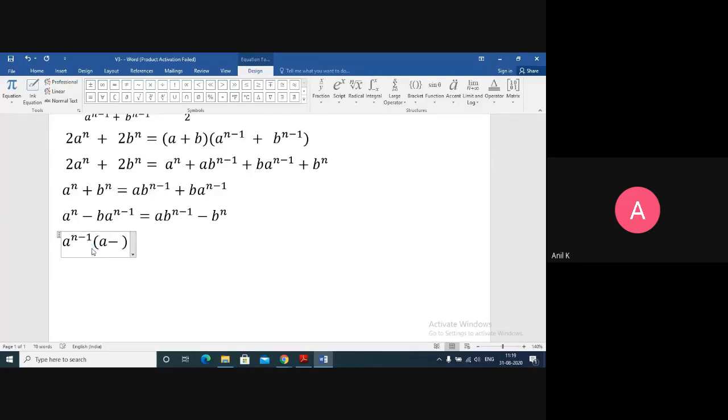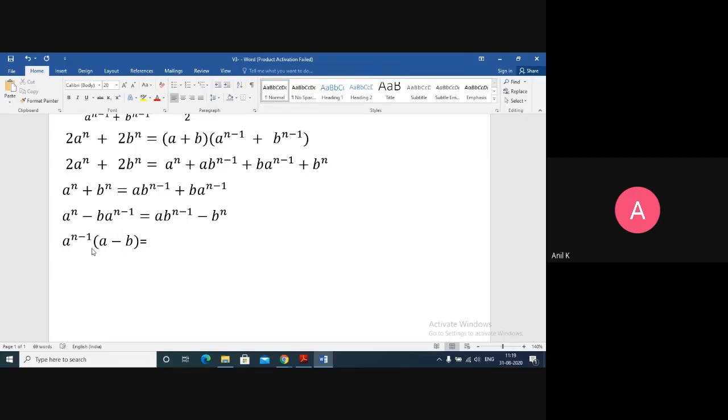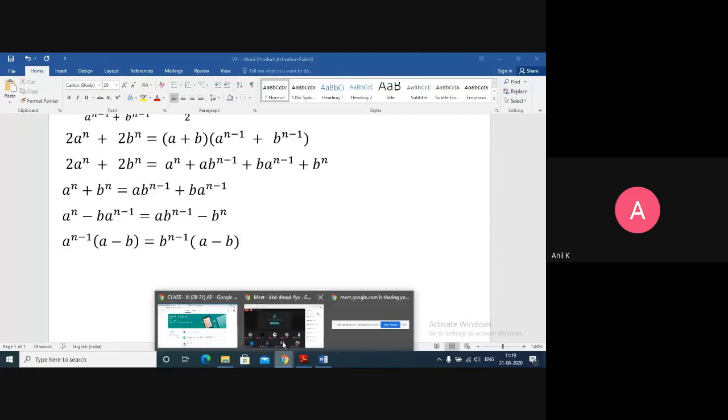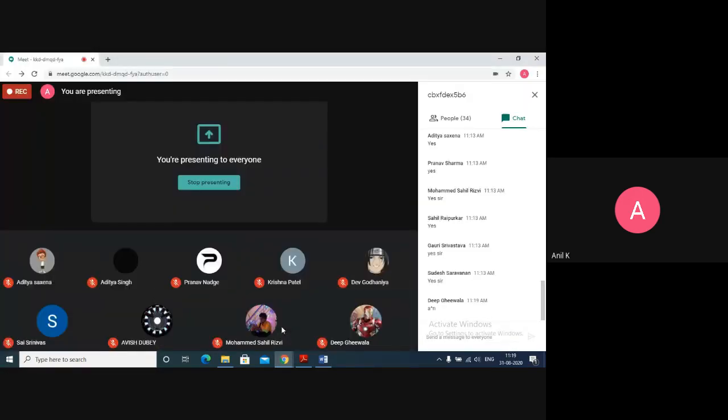So here a will be left and here b will be left. You can check. Similarly, on the RHS side, I can take b to the power of n minus 1 common. If I take b to the power of n minus 1 common, here also I am left with a minus b. Okay.